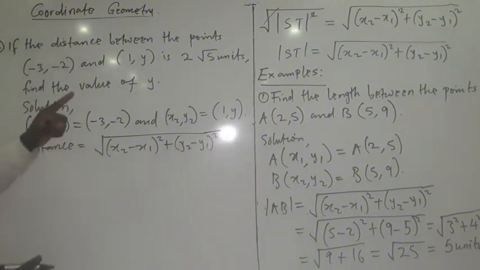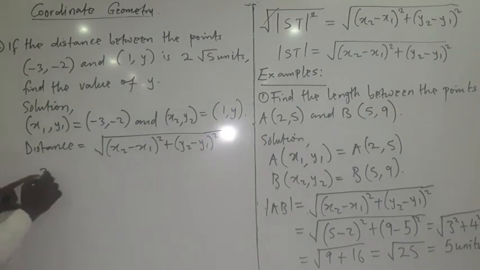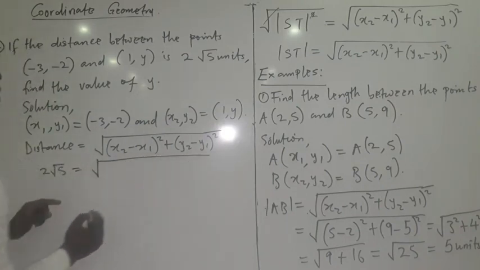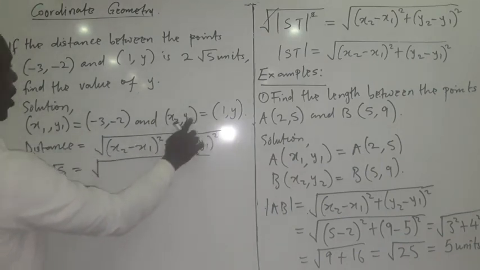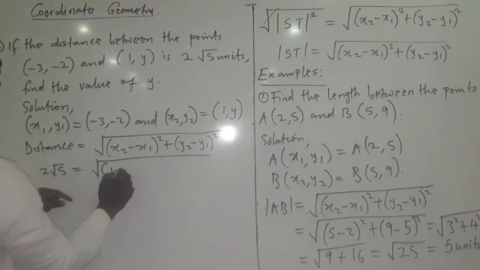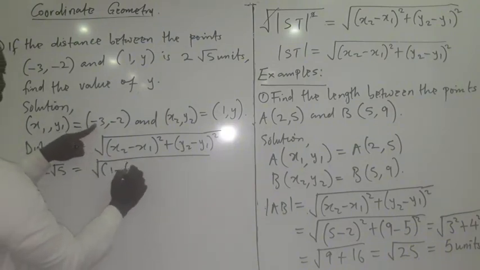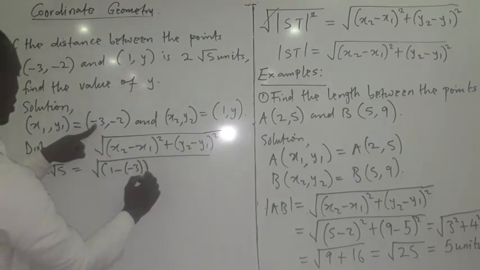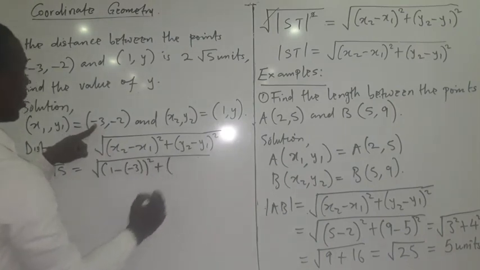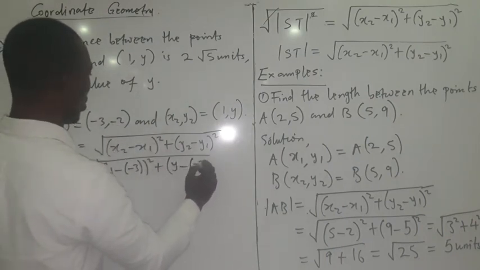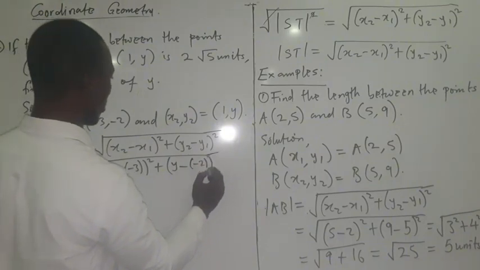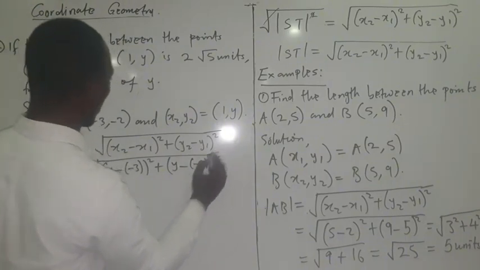So we are going to have 2 root 5 equals the square root of (x2 minus x1), so our x2 is 1, so we have 1 minus (-3), then all squared, plus (y2, that is y, minus 2), then close the bracket, then square.